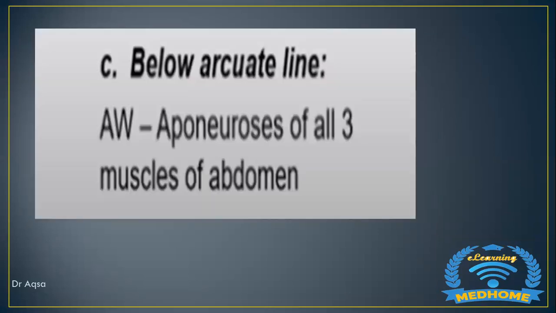And below the arcuate line, the posterior wall is deficient, and we have all three muscles anteriorly. What are the three muscles? External oblique, internal oblique, and transversus abdominis. Yeah, excellent. Thank you so much.